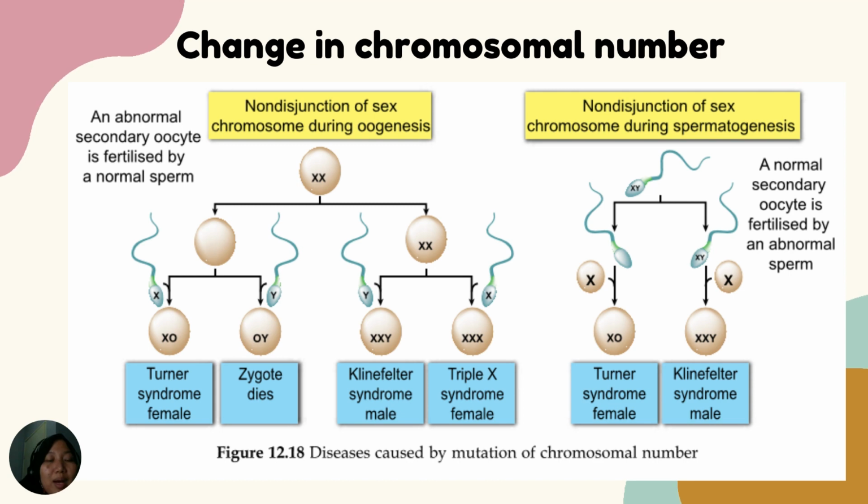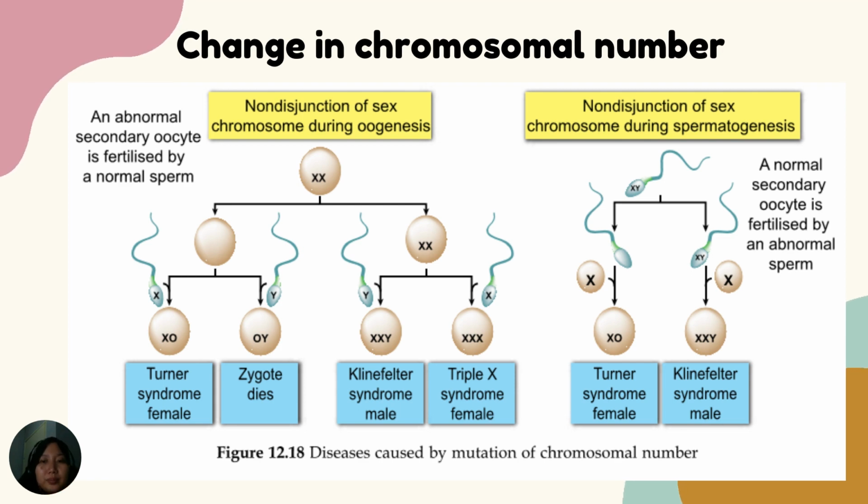Double X combined with Y will give you XXY. That is Klinefelter syndrome male. When the double X combines with one X from the male gamete, it will give you triple X. So this individual will have triple X syndrome, female.